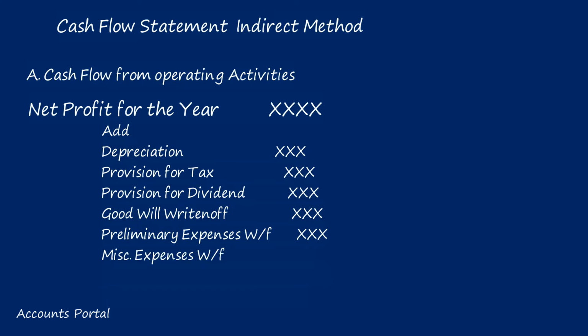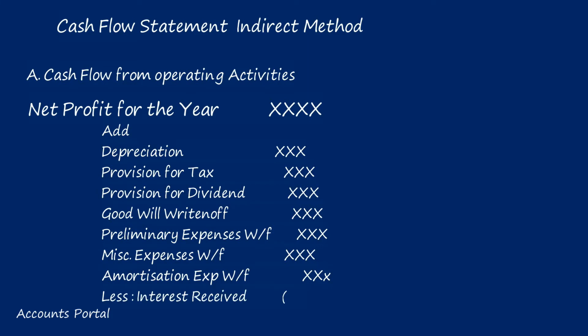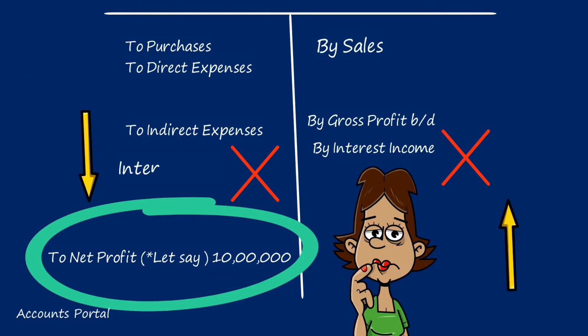It is not merely plus, it could be plus or minus, and minus that income which is not related to operating. For example, for arriving at such profit, I would have deducted interest as an expense. Interest which I have debited in P&L would have been paid. It is a cash item. Then why do you eliminate, sir? Because it is not an item to come in operating.